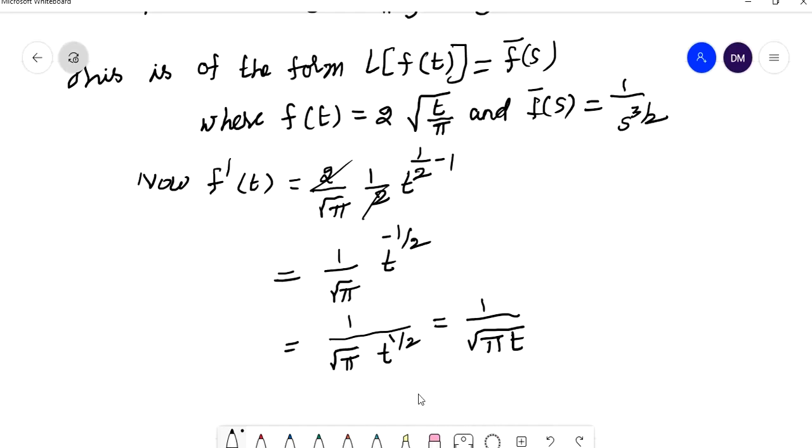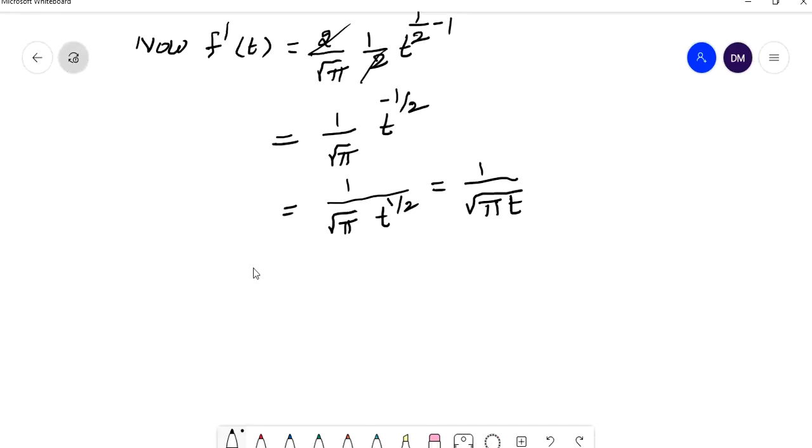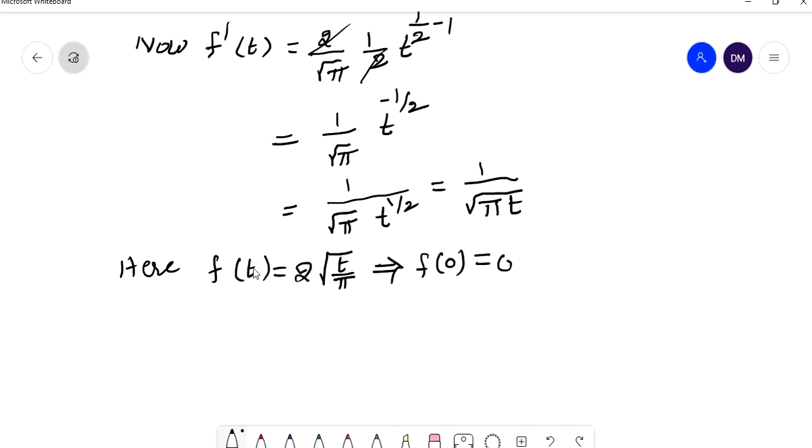Now I can find the f of 0 value. What is f of t here? f of t is equal to 2 into root of t by pi. So f of 0 is equal to 0, right. Just in the place of t you can write 0, and you get f of 0 value as 0.